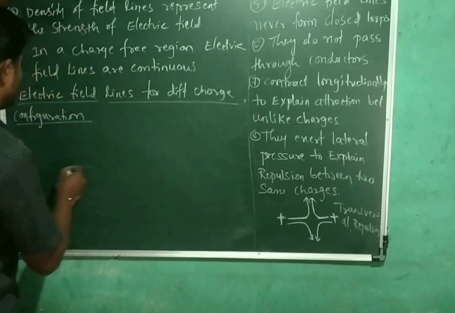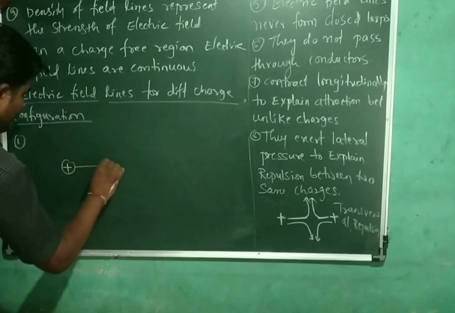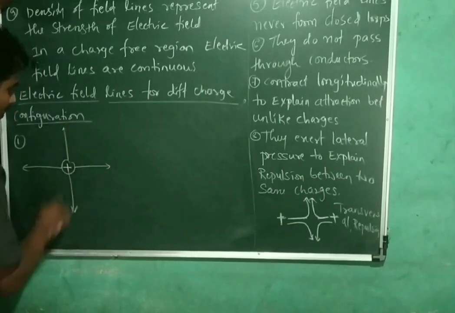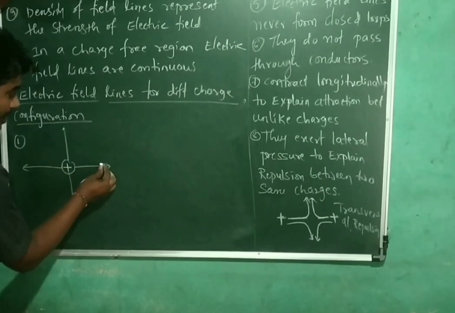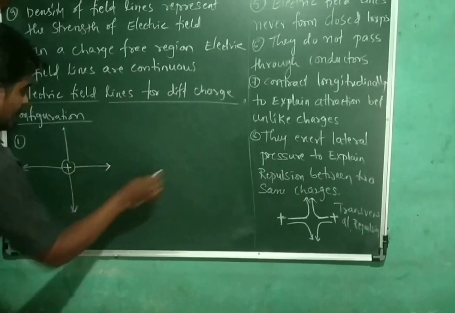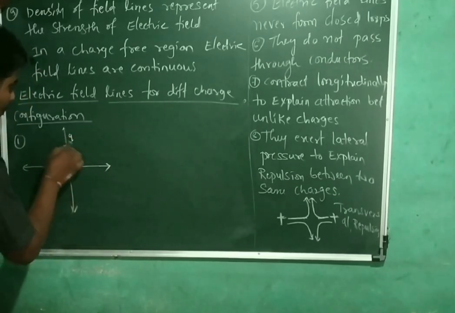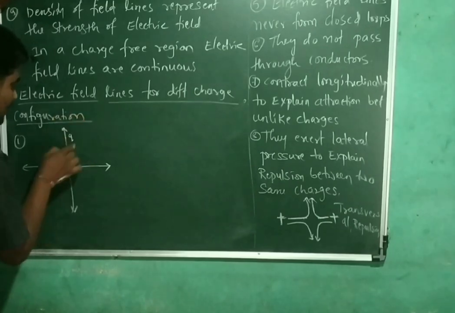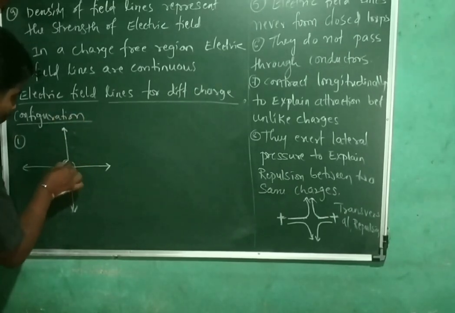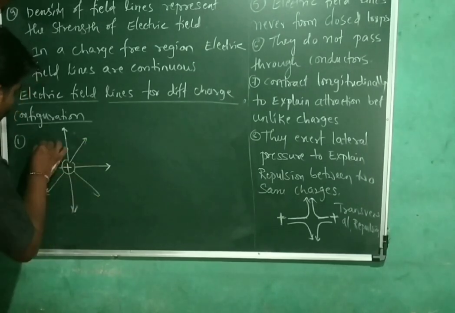See, for positive charge, the electric field lines will be radially outward. If I place here a positive charge, due to repulsion the direction of electric field will be in this direction. If I place a charge here, once again due to repulsion the charge will move in this direction. This is the direction of electric field. Around this charge the electric field will be there, therefore it is radially outward.